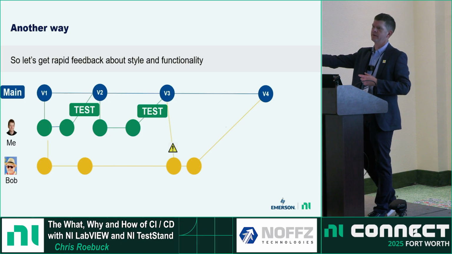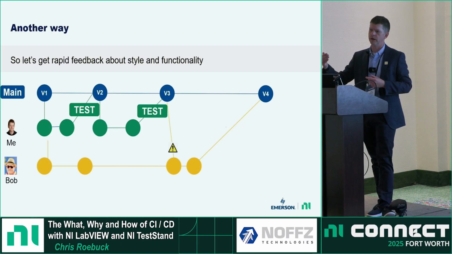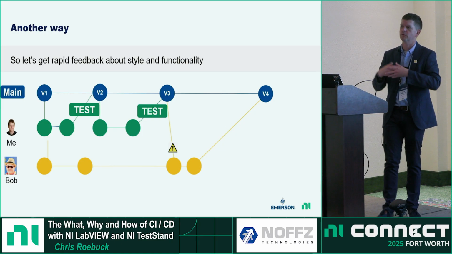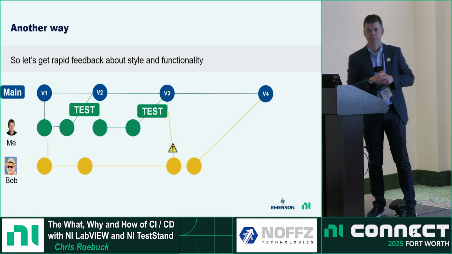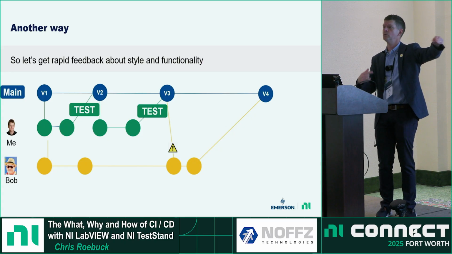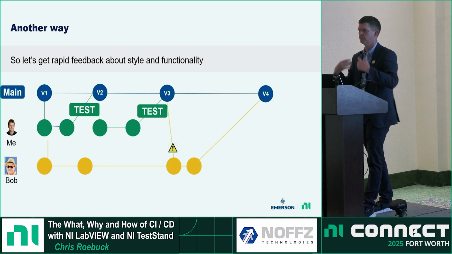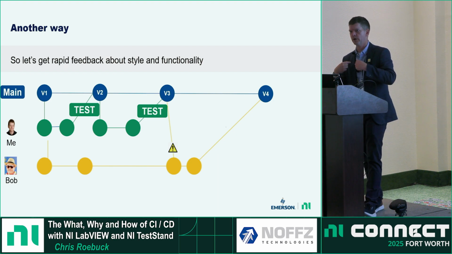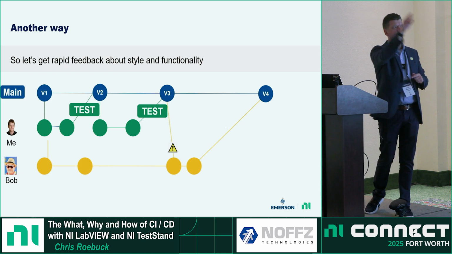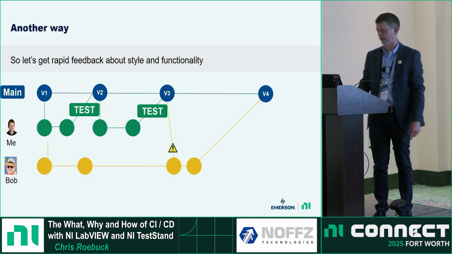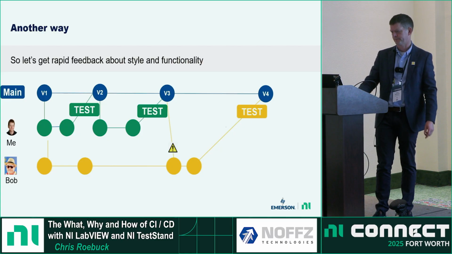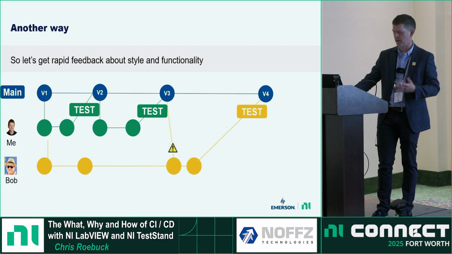We're getting the benefit of the changes other people have made, and we're making sure that they integrate with our software, that we don't get any conflicts. And if we do, we're solving them in our branch. We're resolving them. We're taking responsibility in our branch, fixing it there before we then try to merge back in on that right-hand side. So more rapid feedback.